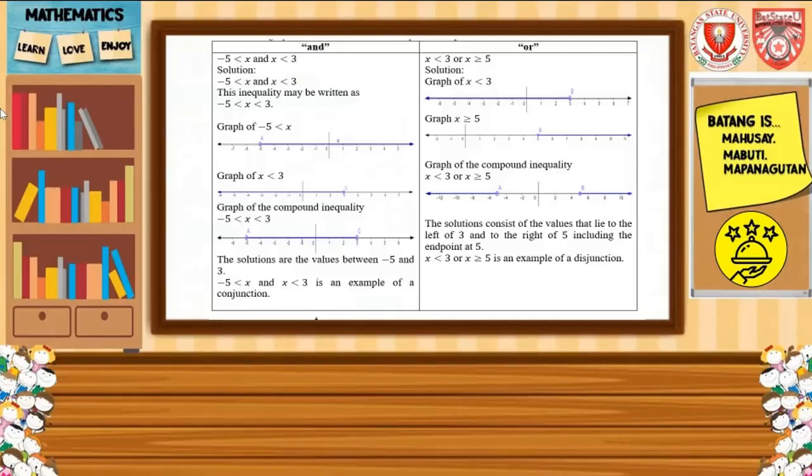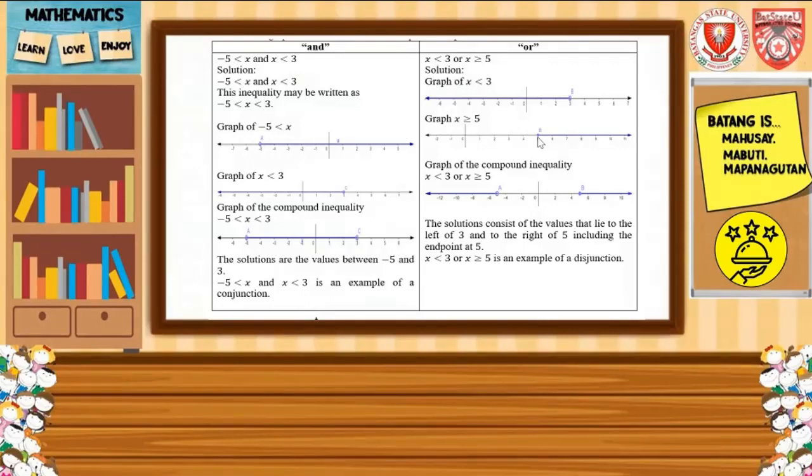So the graph of x is less than 3 is here. We have used the hollow circle because the inequality symbol is less than. Then we have x is greater than or equal to 5. So here we have used the dot or the solid circle because we have the greater than or equal to symbol, okay, or the equality symbol.